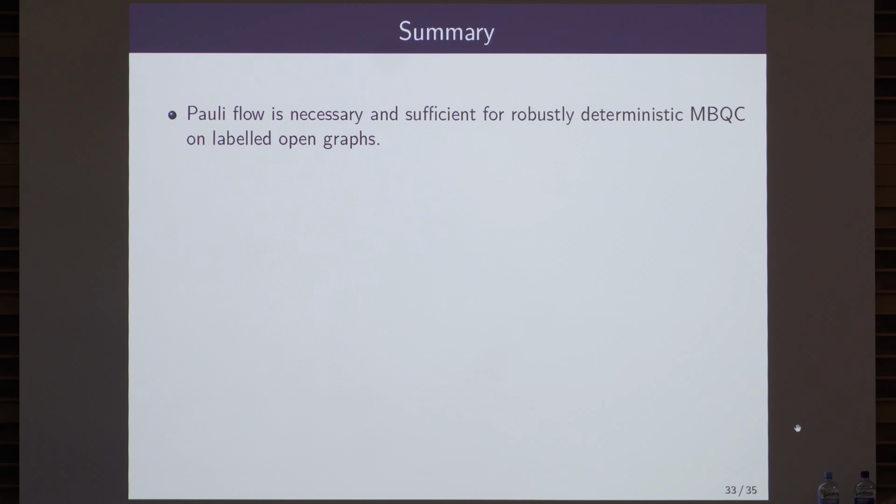So what we saw? Well, I explained that polyflow is a necessary and sufficient condition for robustly deterministic computation in the MBQC model on labeled open graphs. The original definition of polyflow is hard to work with due to the number of different conditions one would have to verify.